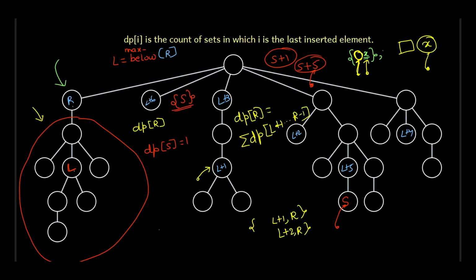Then you simply find out in how many ways S plus 4 can enter the set. And since the ordering is fixed, S plus 5 has to enter after S plus 4. So with this, you can compute the total number of ways to enter as the last element, and the code is exactly the same as before.